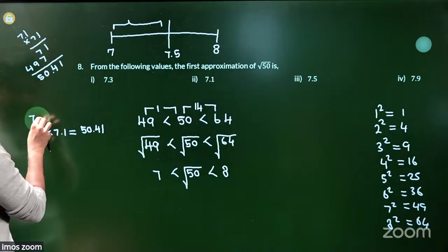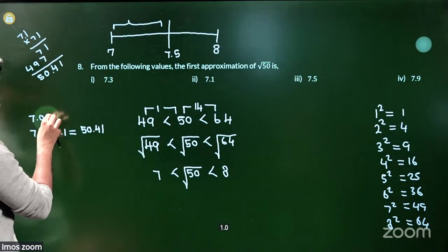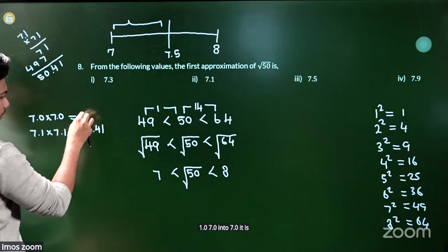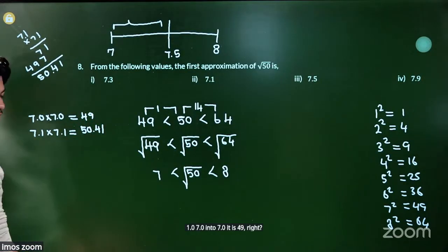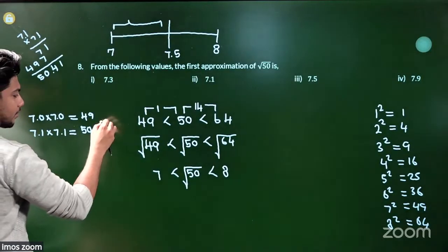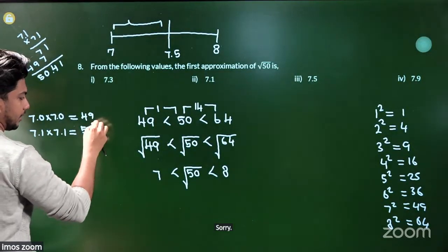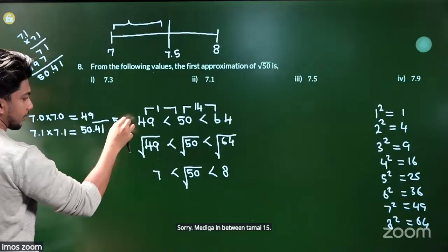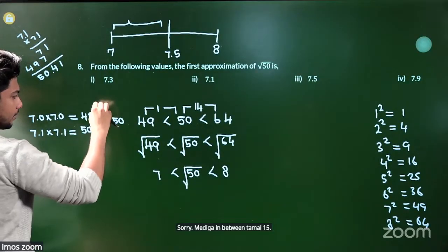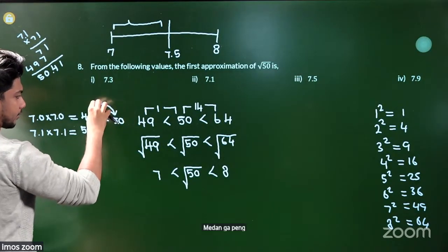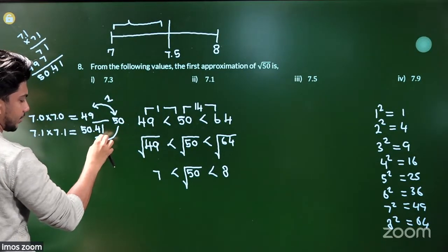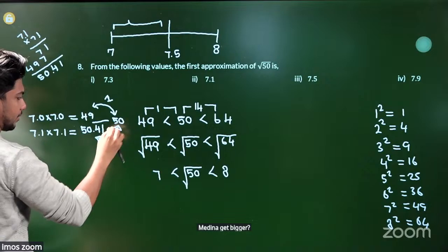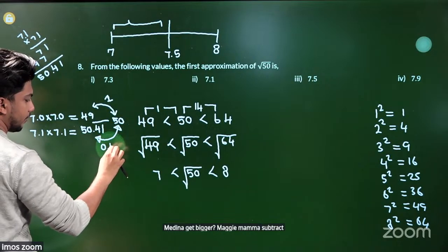Then 7.0 into 7.0, it is 49, right? So in between these two is 50. Here the gap is 1. Here the gap, when you subtract, is 0.41.